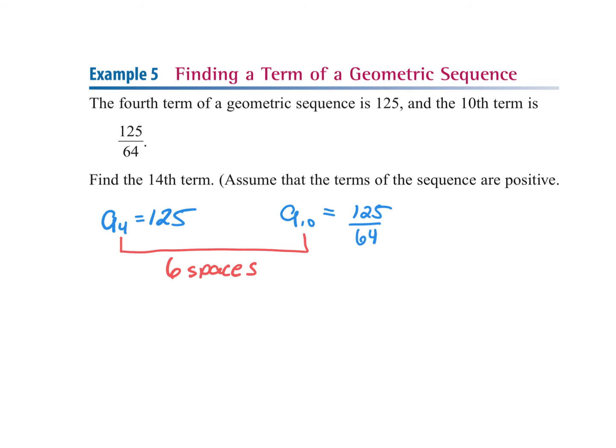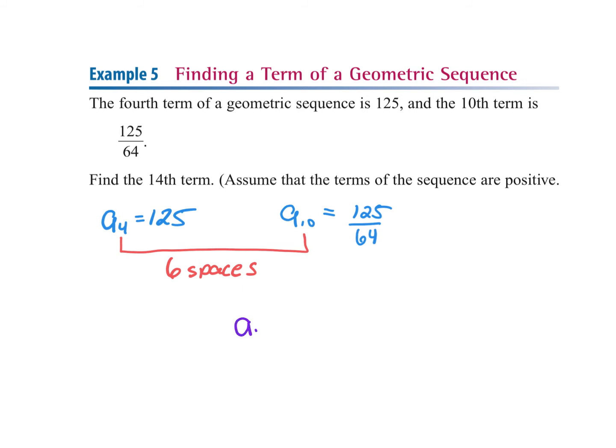So in arithmetic, it would be like 6D, but it's not like that now. Think about this, when we had geometric, is our n being multiplied or is it being raised to a power? Raised to a power. So geometric is a little different. We're going to still follow that same rule. In arithmetic we found D. First thing we're going to do here is find R. So again, you guys told me the space that's furthest away from 0 is 10.